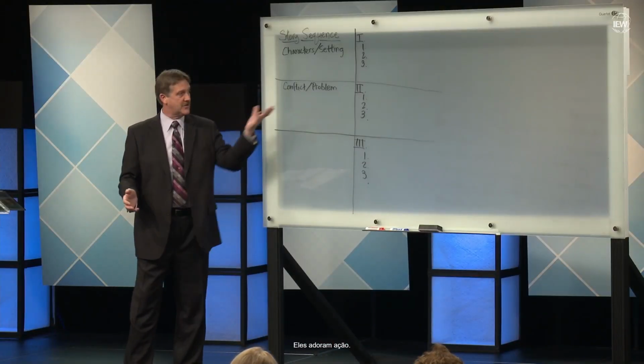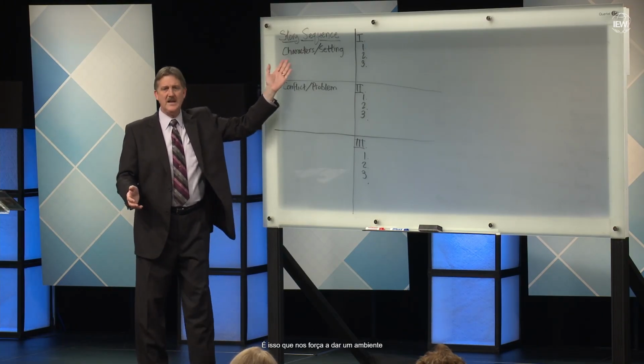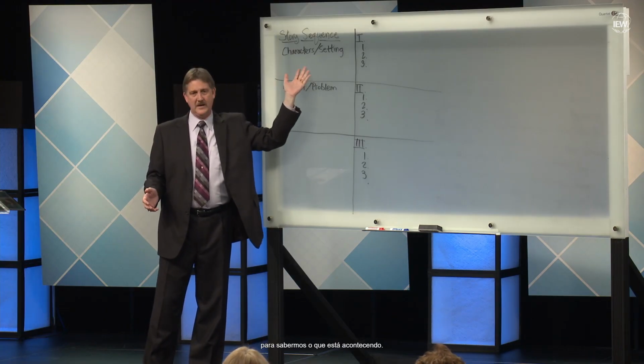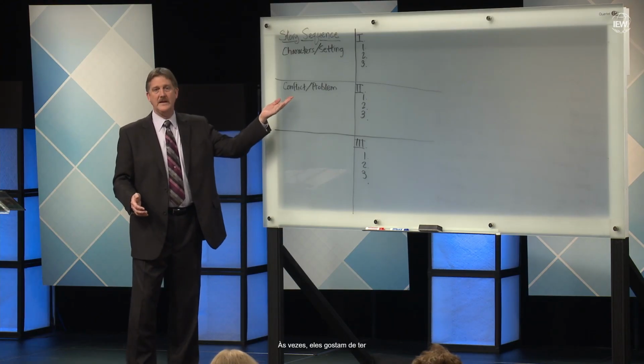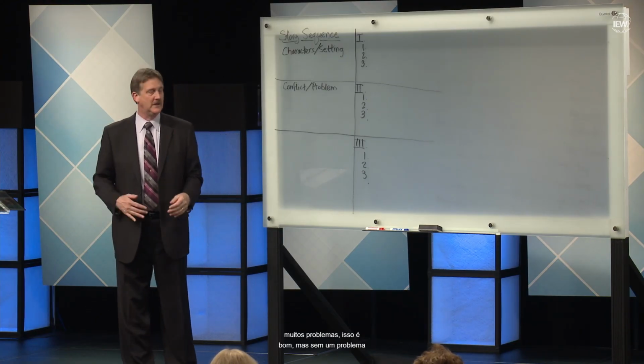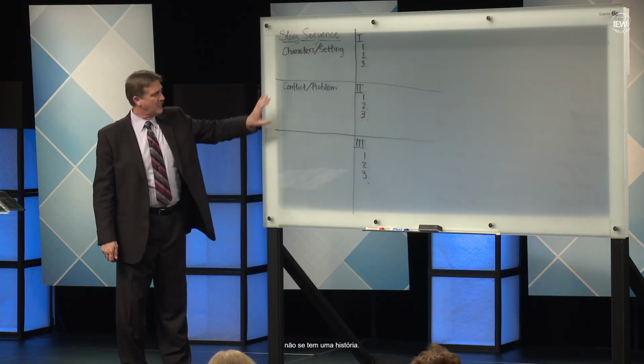But where in time and space are we, and who just died, you know? They love the action. So this kind of enforces on them to give us a little setup so we can get a picture of what's happening. And then sometimes they like to have really lots of problems too, so that's good. But without a problem, you don't have much of a story.